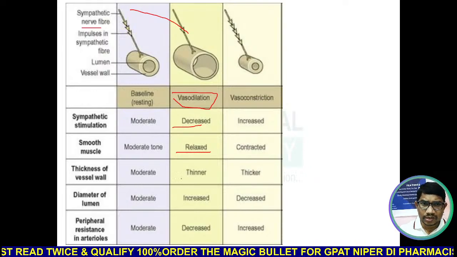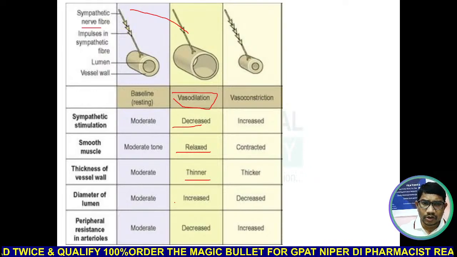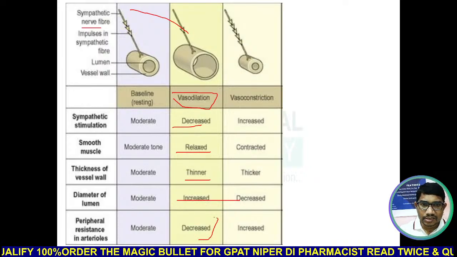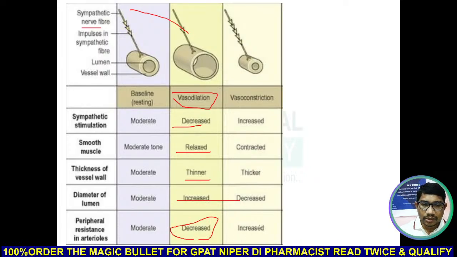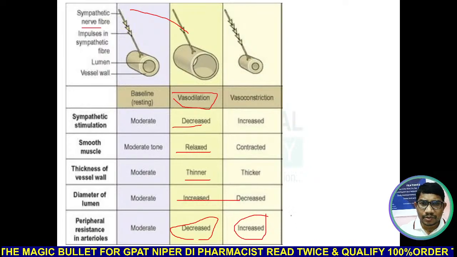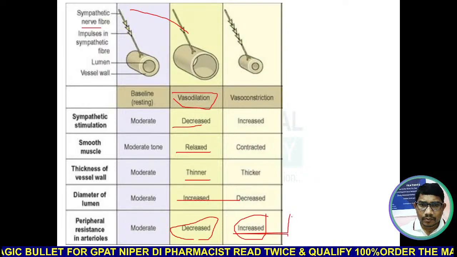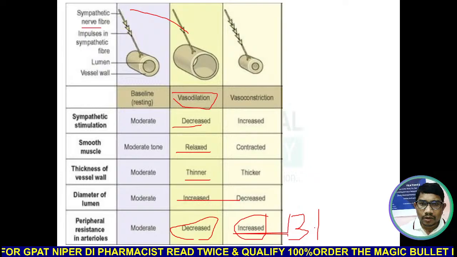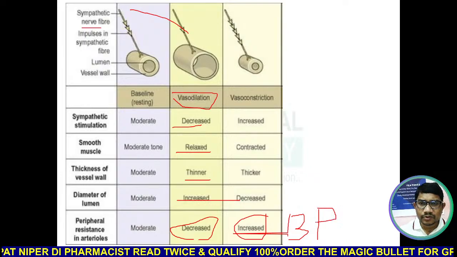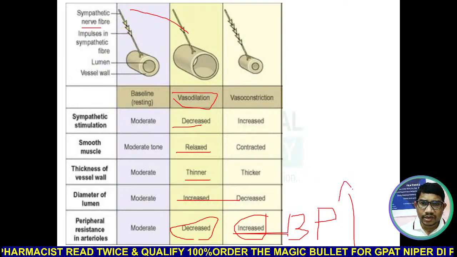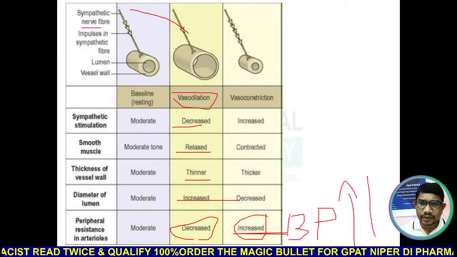The thickness of wall is thin, and diameter of lumen is increased. So obviously this peripheral resistance is decreased. Whenever peripheral resistance is increased, blood pressure will increase. Whenever peripheral resistance will decrease, blood pressure will decrease.